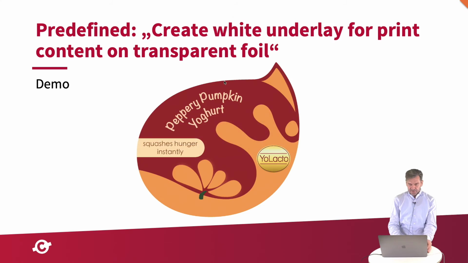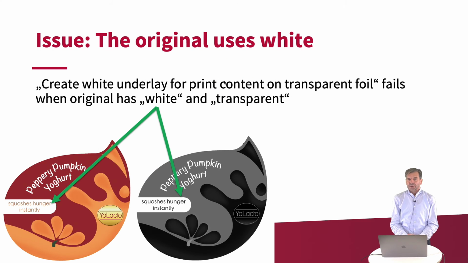So going back, this is not the end of it. What happens if I now have the very same label? However, in this instance of it, it doesn't use yellow in this area or in the text here. It uses white. And that is actually a frequent thing in a PDF file that is going to be printed. There is a difference between transparent and white.